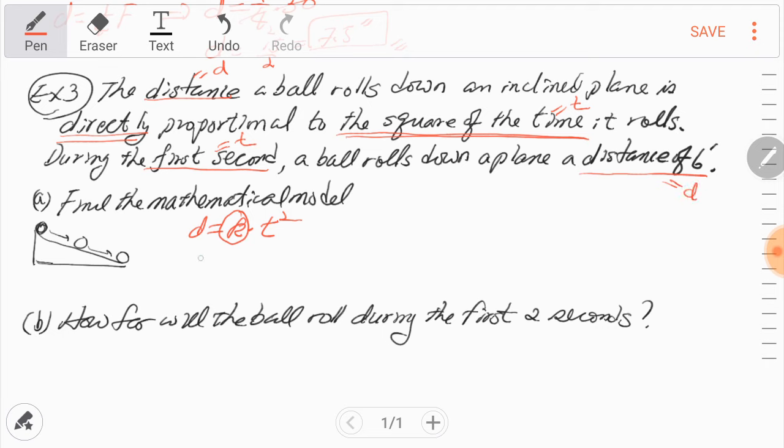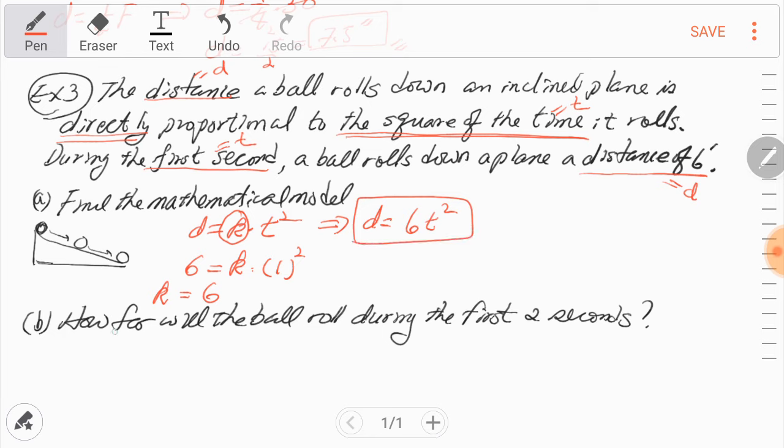So we can replace d with 6 feet equals k times 1 squared. Then 6 equals k times 1, so k equals 6. So the mathematical model is d equals 6t squared. Okay, this is the equation.